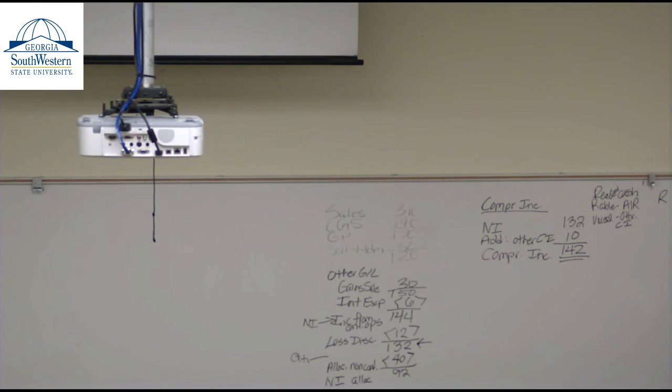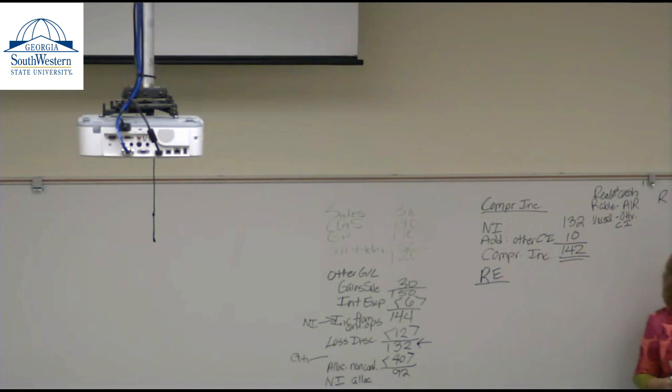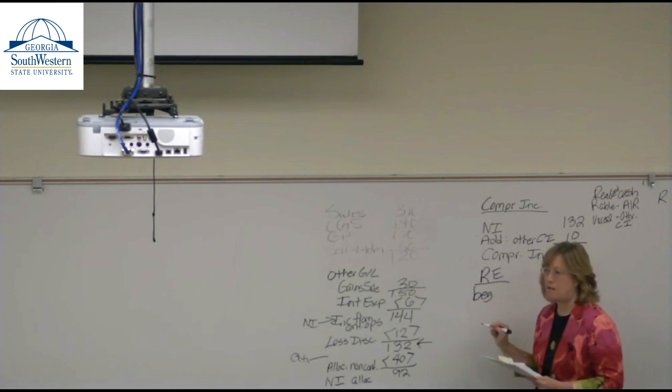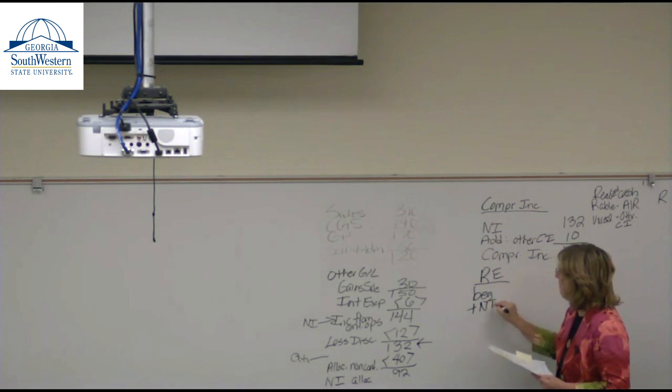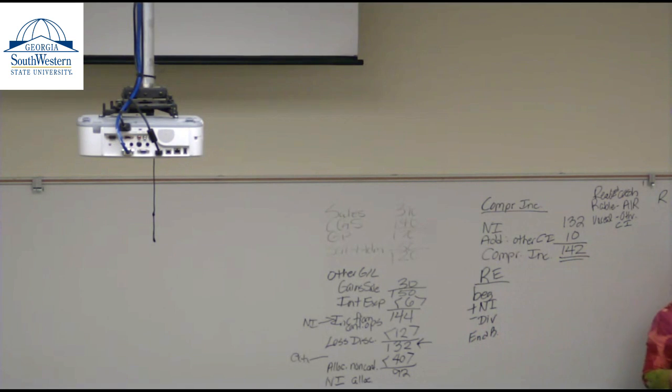Now, the other thing they wanted was a retained earnings statement. Okay, a statement of retained earnings. So what's the formula for the statement of retained earnings? Beginning balance, right? Plus net income minus dividends equals the ending balance, right? That's our plain vanilla retained earnings statement. Okay, so our beginning balance in this particular problem, it's their first year of operations.